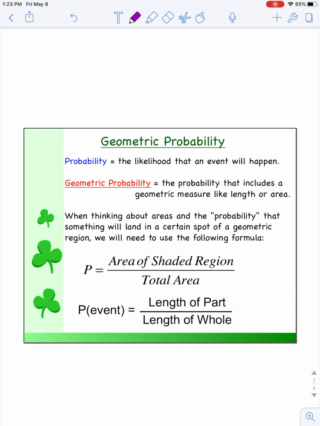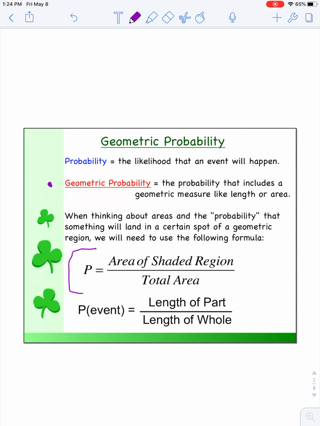Well, in geometric probability, it's really talking about areas. So for geometric probability, the probability includes a geometric measure, like length or area. So when thinking about areas and the probability that something will land in a certain spot of a geometric region, we're going to use the following formula.